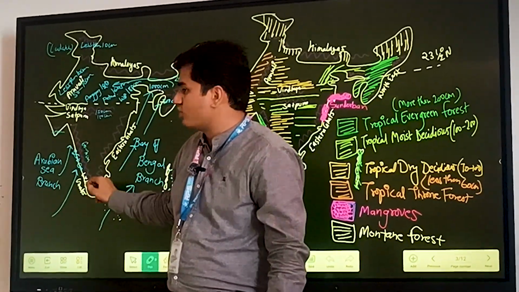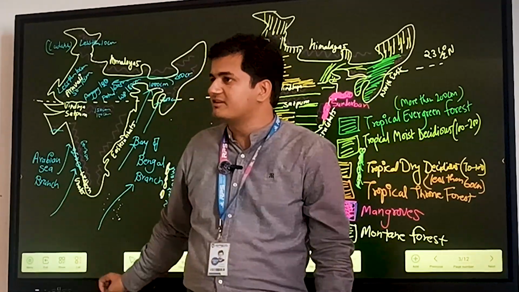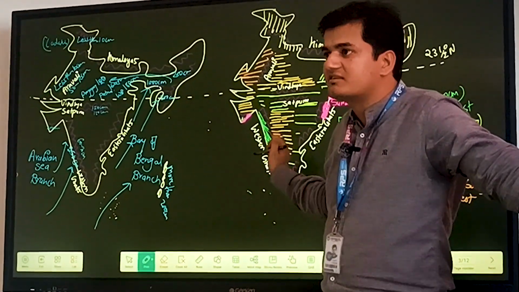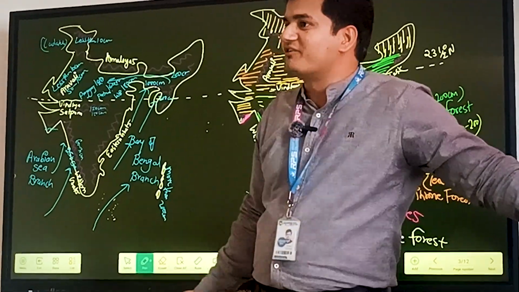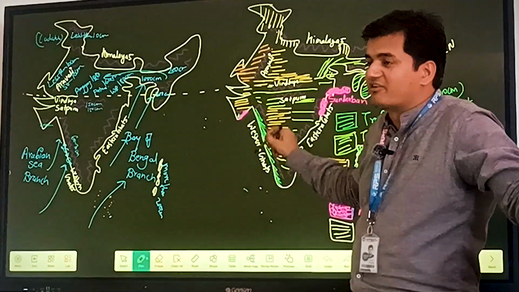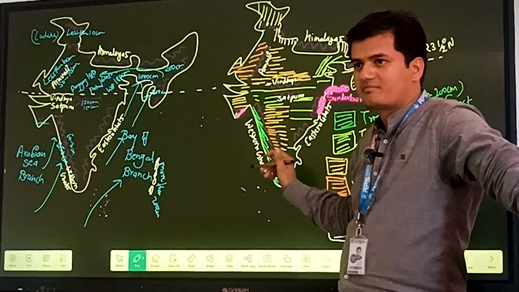So if we have more than 200 centimeter of rainfall on the western slope, what kind of vegetation can we find there? Yes, tropical evergreen, right, Disha. So this is tropical evergreen forest on the western slope of Western Ghat.